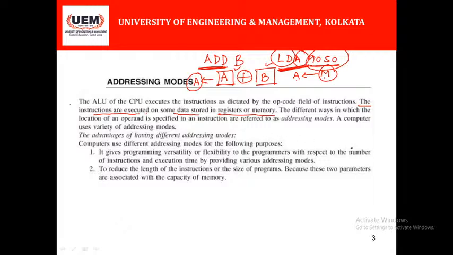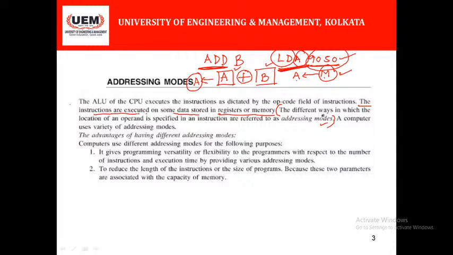So the different ways in which the location of an operand is specified in an instruction are referred to as addressing mode. This is a very important point to remember. For example, here my data on which I am operating is stored in memory location 9050.